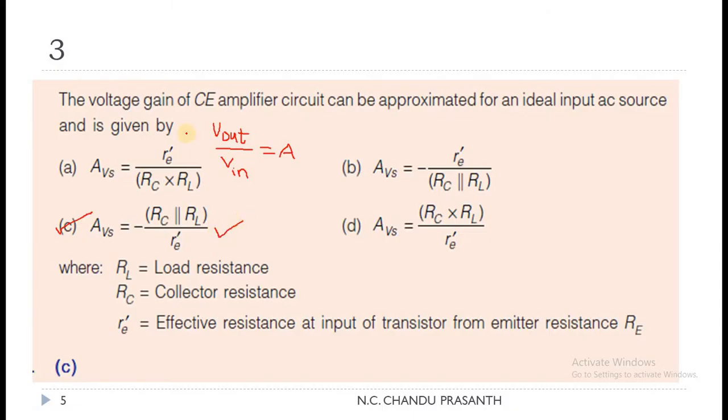Here RC is the collector resistance, RL is the load resistance, and RE dash is the effective resistance at the input of the transistor from emitter resistance RE. Vout is minus of RC parallel RL, and Vin is RE dash. It is the voltage gain of a CE amplifier.